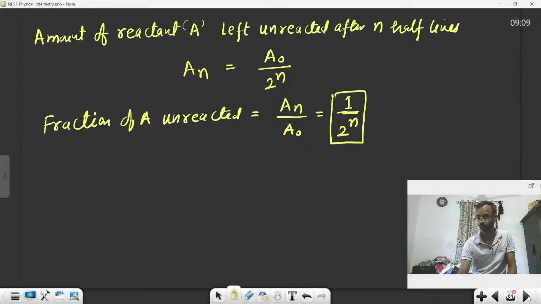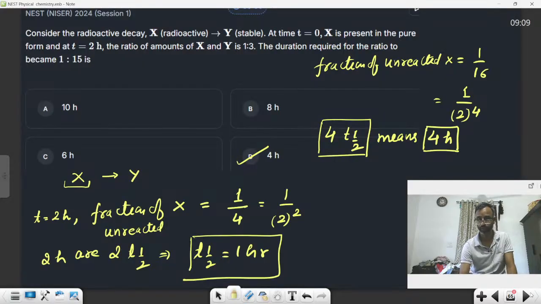So now here see, ratio of x and y, that is 1:3. So what is the fraction? That is the amount of x divided by total, that is 1/4. So in terms of 2, it is 1 upon 2 raised to power 2.